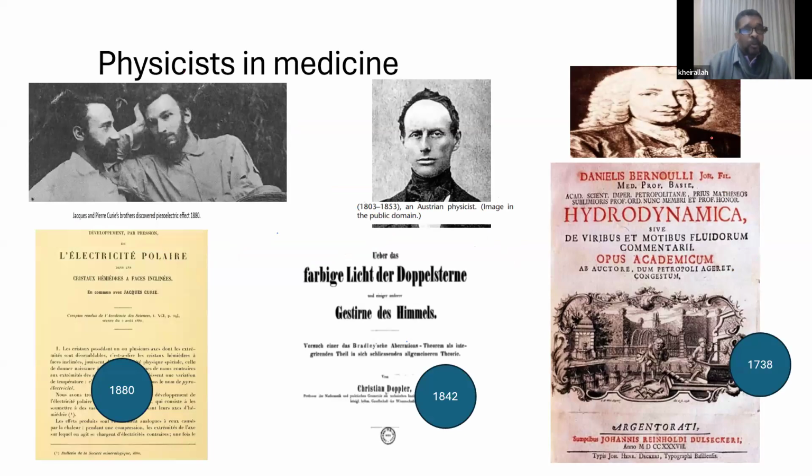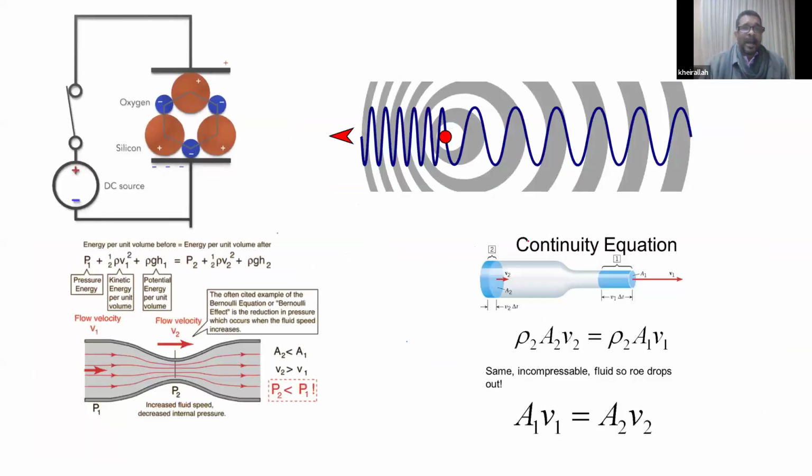I also want to remind you that in medicine, physicists have played a major role, and we have Doppler, we have Daniel Bernoulli, and we have all of that. Now, as far as echo is concerned, I want you to remember 4 things. Piezoelectric effect, right from now, because I'm not going to repeat it again.